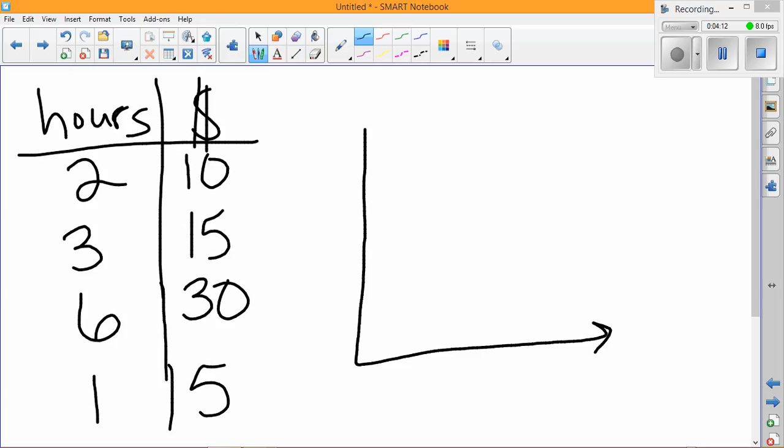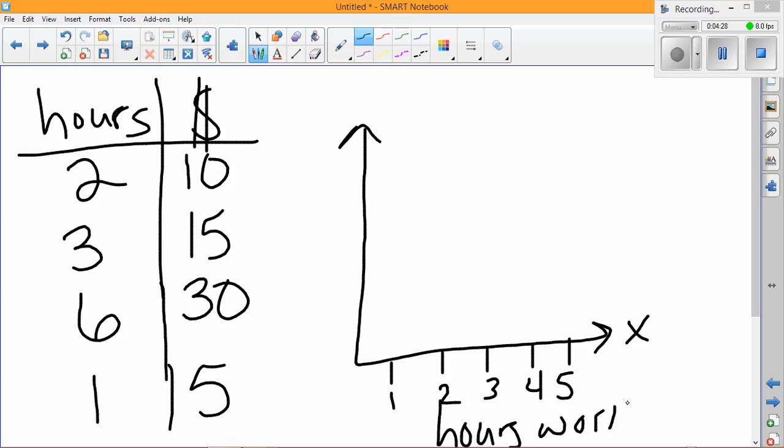We can graph this on a coordinate plane. I'm going to go by ones on the bottom because my x-axis, remember, is going to be my hours worked. And my y-axis is going to be the money I'm making. And since it goes up to 30, I'm going to go by 5s.